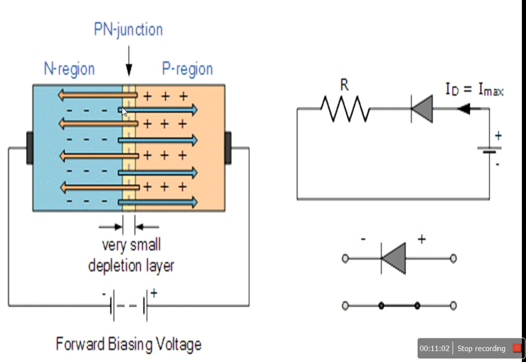Whenever you apply the forward bias, the positive and positive repel, and the negative and negative charges repel. So the depletion region width, or the space charge region width, decreases.